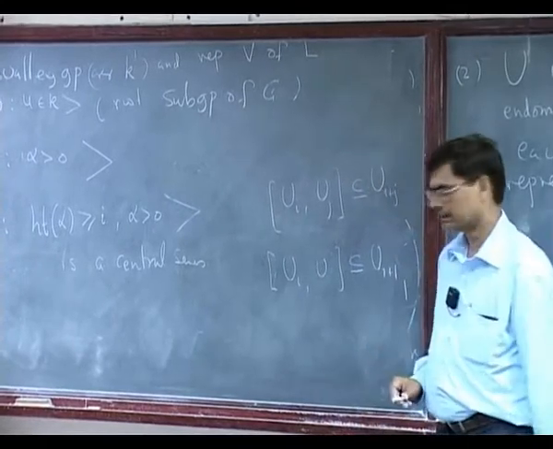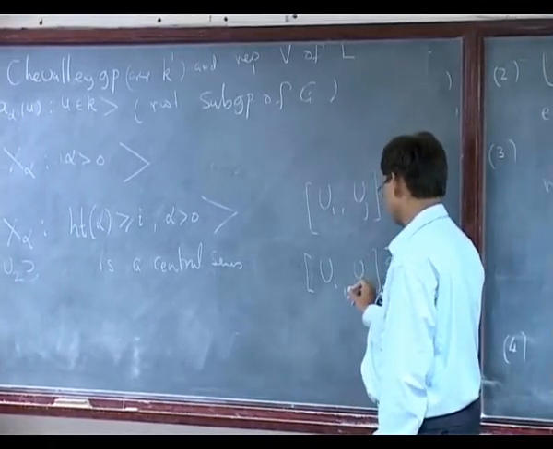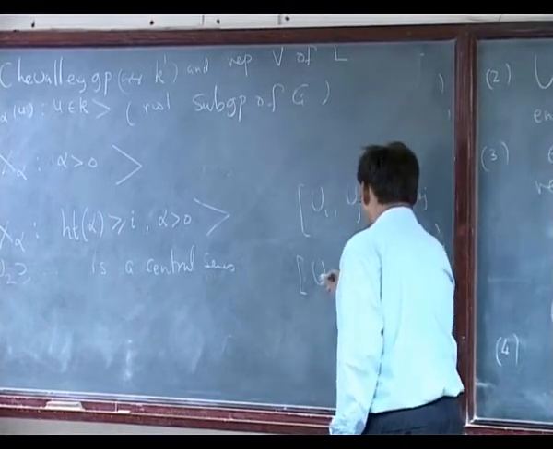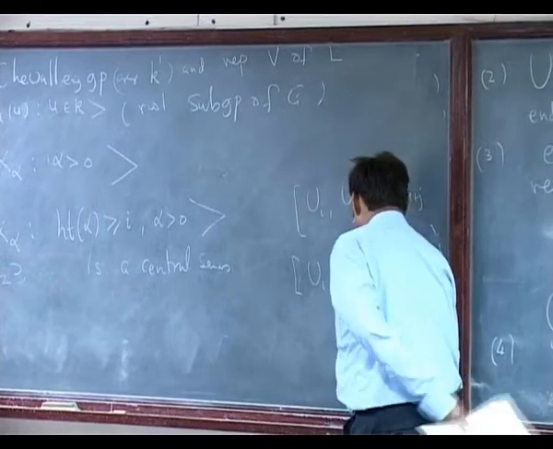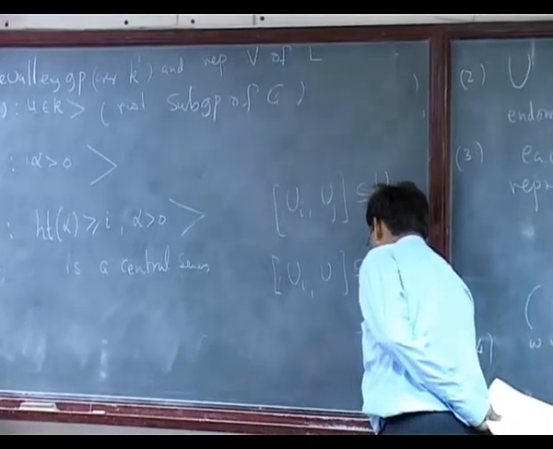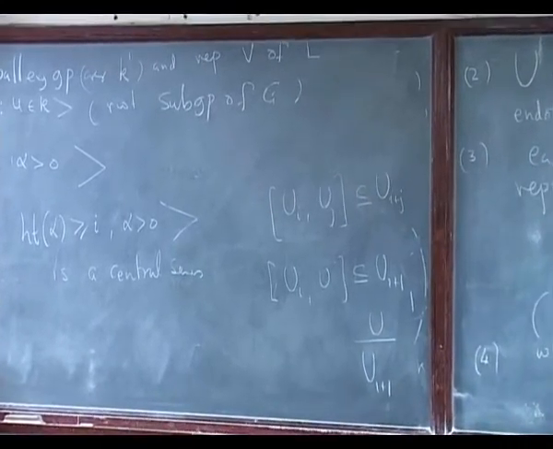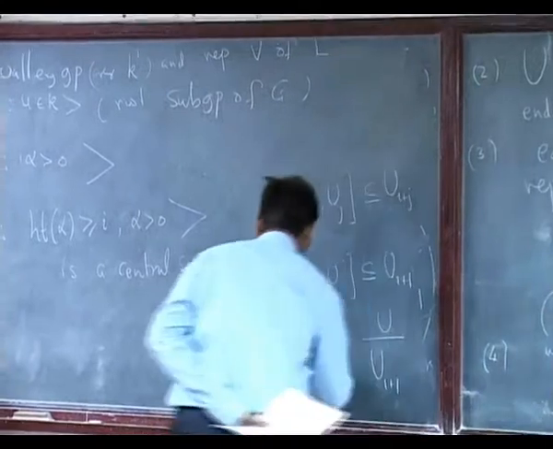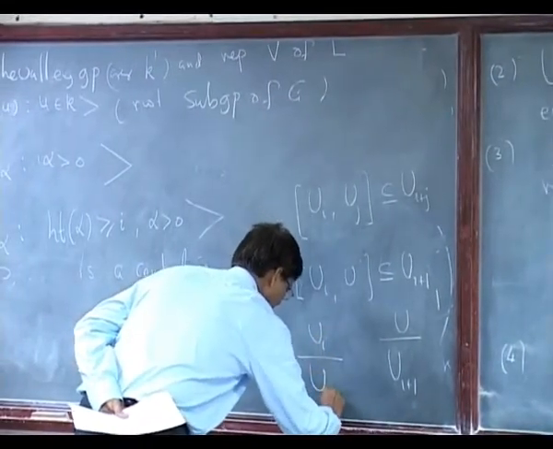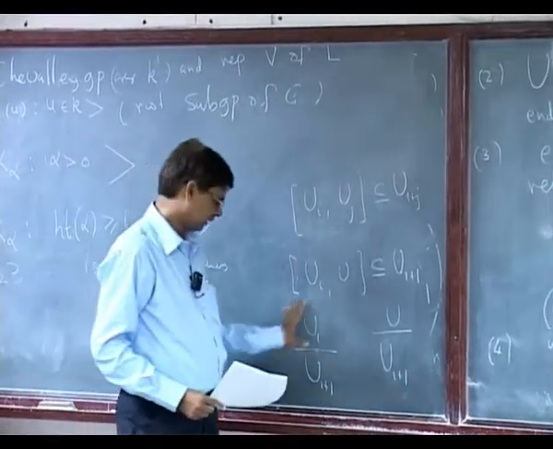Then what does it say? You consider this quotient group u by u_{i+1}, and consider this subgroup u_i by u_{i+1}.